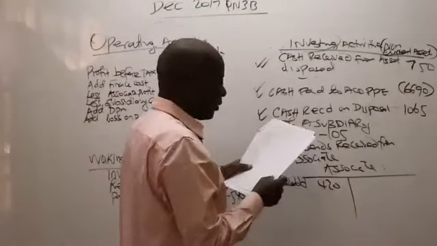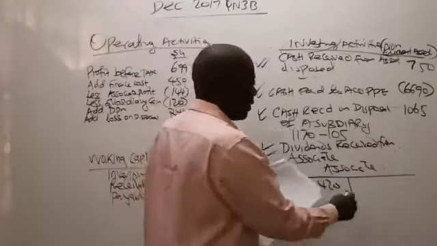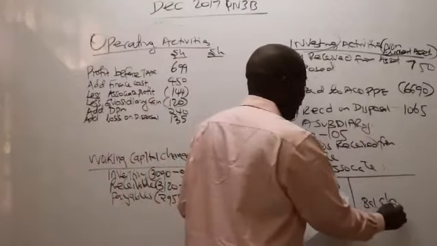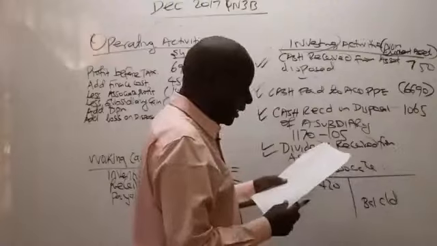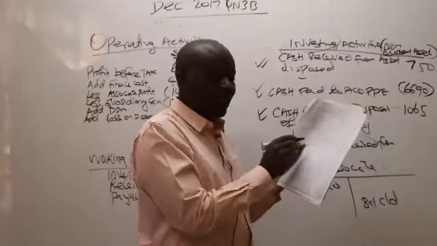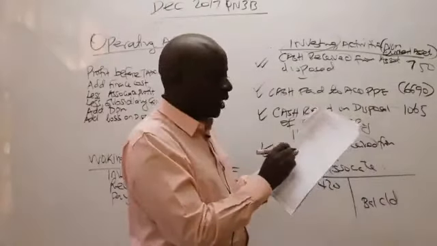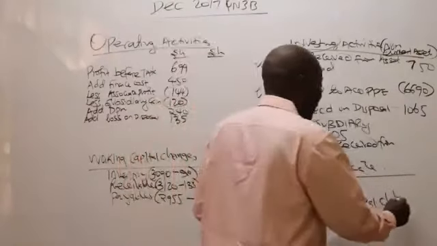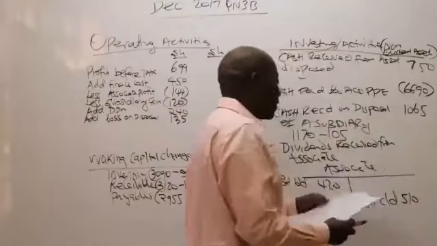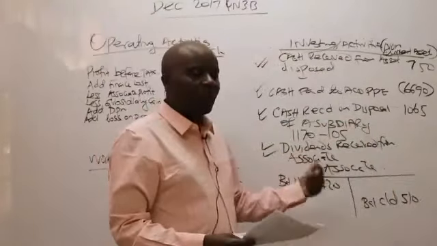And then, ladies and gentlemen, we have the balance carried down in 2017 for the associate. Investment in associate, the balance carried down is 510. And then, of course, this is equity. Remember, it's equity accounting.